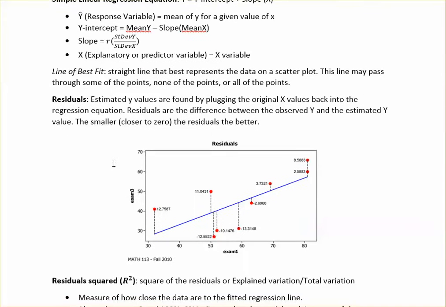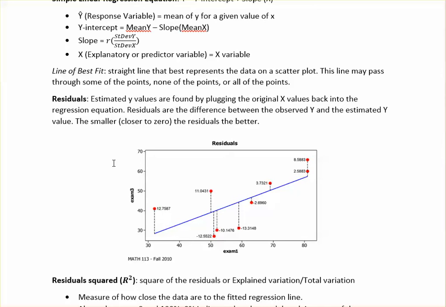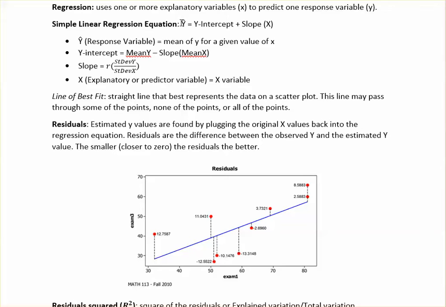Something new from last week that we didn't cover are residuals. These are based on the estimated y values, this little y hat. The estimated y values are found by plugging the original x values back into the regression equation.